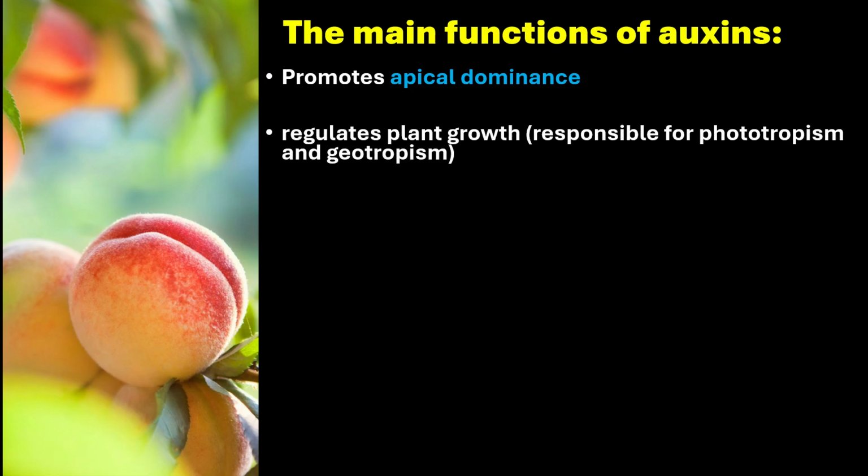Secondly, they regulate plant growth in 2 ways: through phototropism and geotropism. These 2 processes are controlled only by auxins. Then the same hormone stimulates cell division or stimulates mitosis.